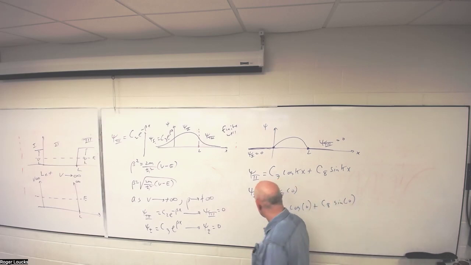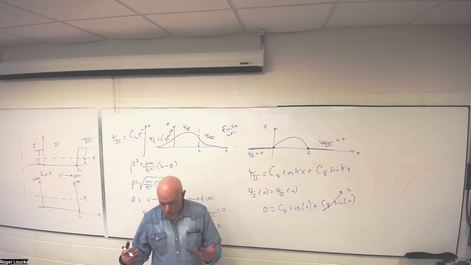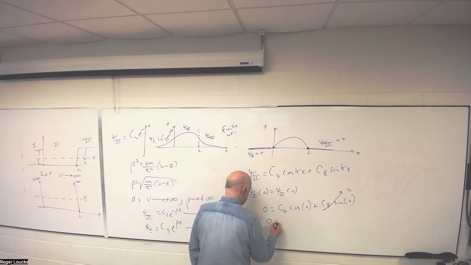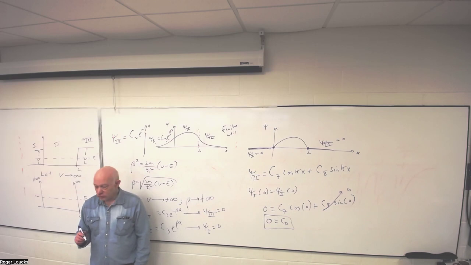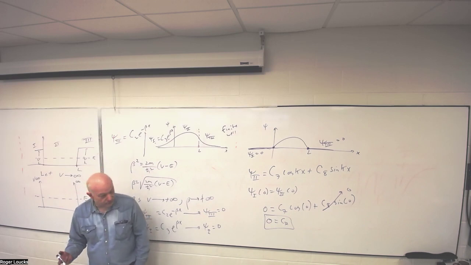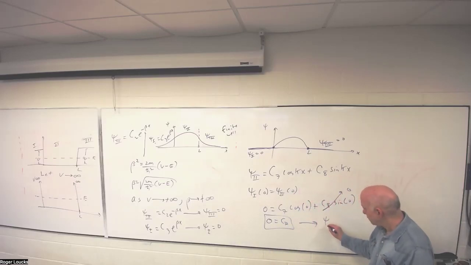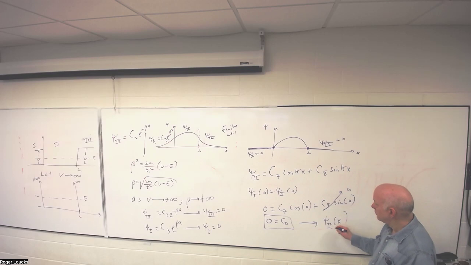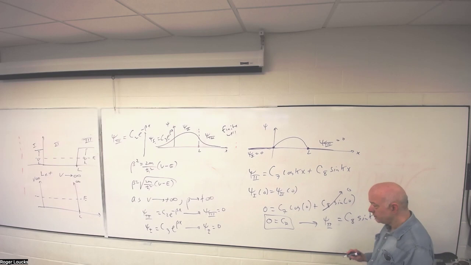Cosine of 0 is 1. This tells me, boom, C7 is 0. What does my wave function become in that region? Just a sine curve. So psi 2 of x is C8 sine kx.